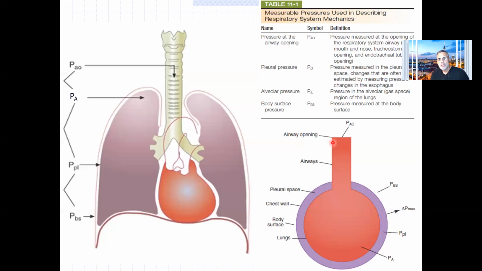Now, as we move into the lung, I want to go down the conducting airways. We come through the airway opening down to the airways, and we get to the lungs themselves. And we know that the lungs are mostly comprised of alveolar tissue.